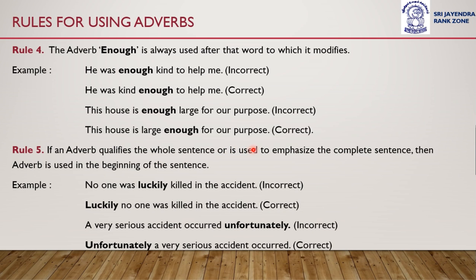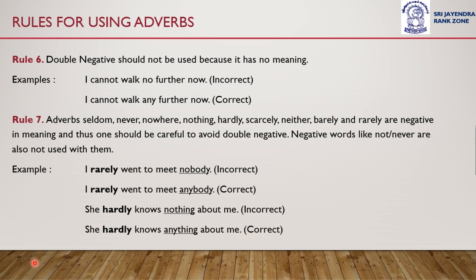I hope all these rules are clear to you. Let's move on to our next rule. Rule number 6. Double negative should not be used because it has no meaning. Double negative means we cannot use two words specifying negative in the same sentence.